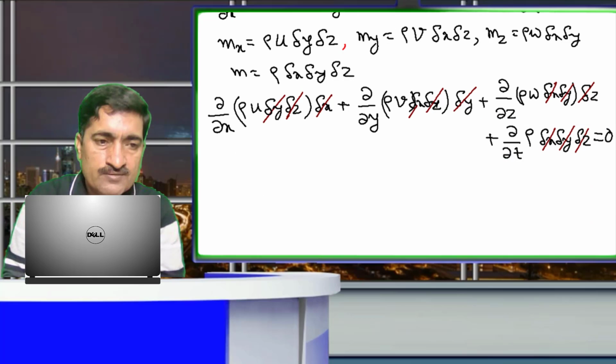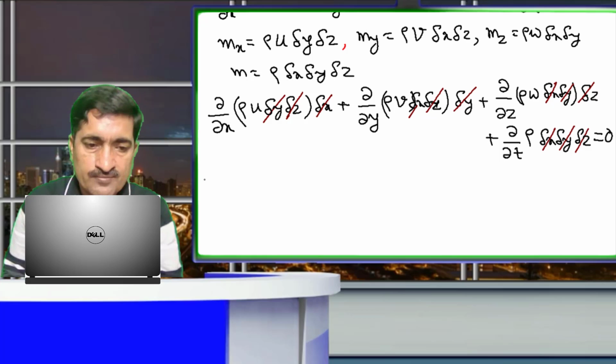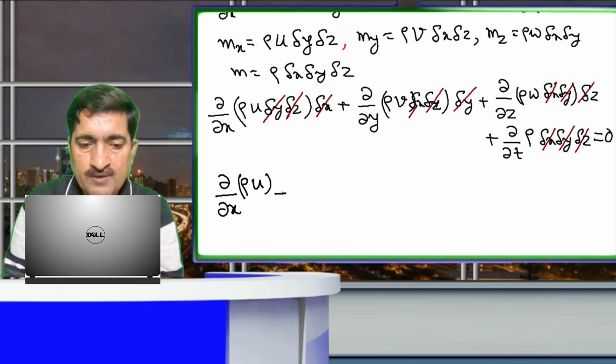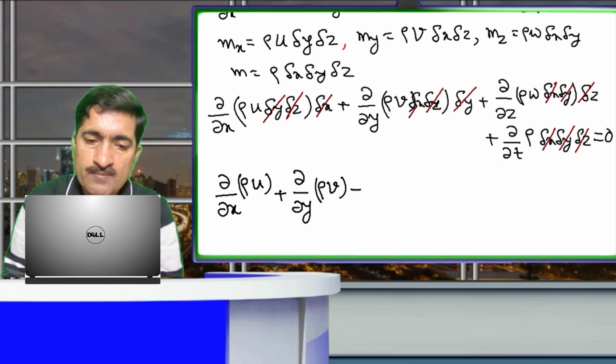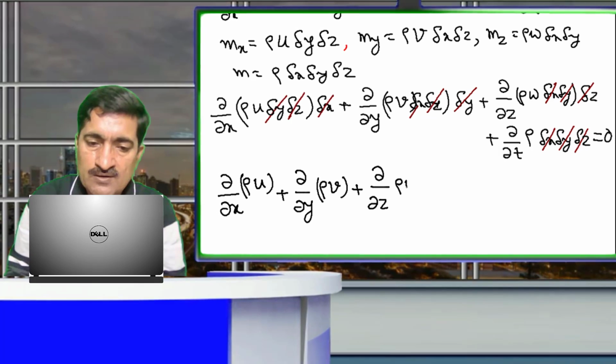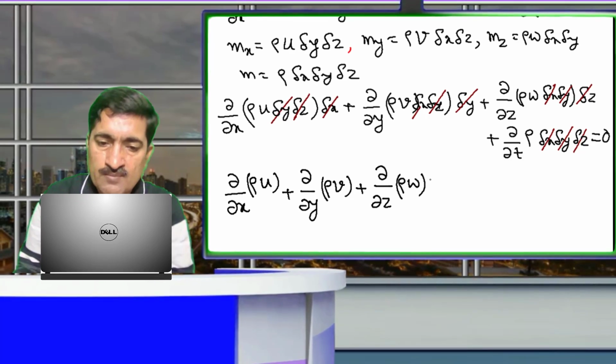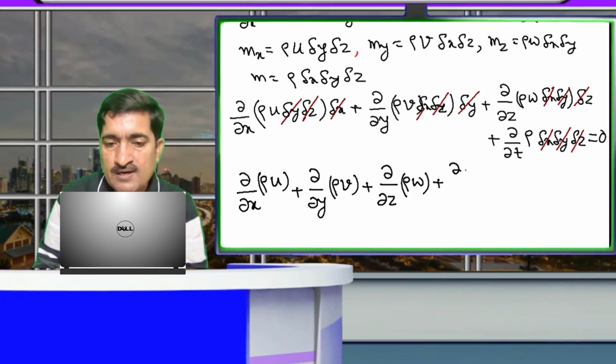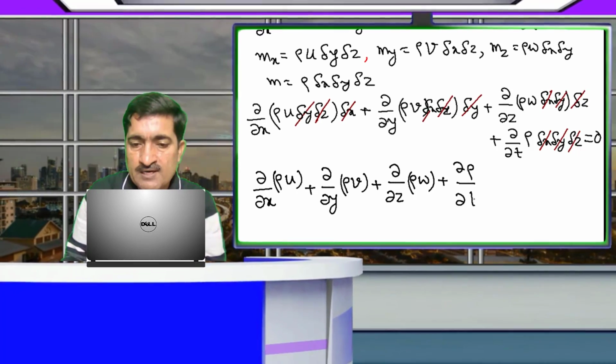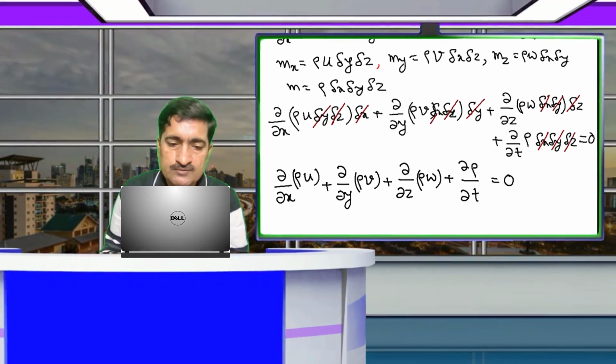Now the remaining terms are del by del x of rho u plus del by del y of rho v plus del by del z of rho w plus del rho by del t equal to 0.